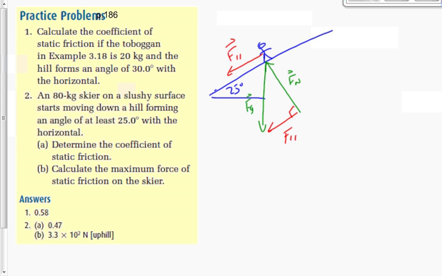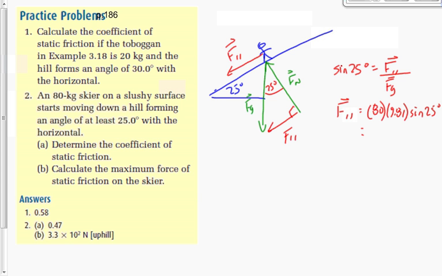That's going to be F parallel. Let's get the value of F parallel right now before we do anything else. If you don't know what to do, get F parallel, because it's always valid. You're always going to need to find that. Sine 25 degrees is equal to opposite over hypotenuse. So we're going to say F parallel, take the Fg up by multiplying, it becomes 80 times 9.81 times sine 25.